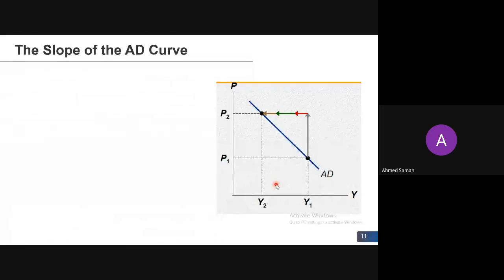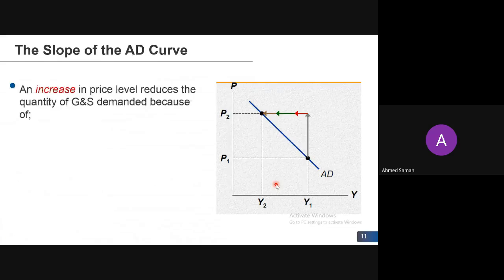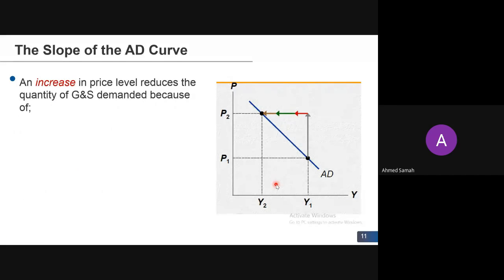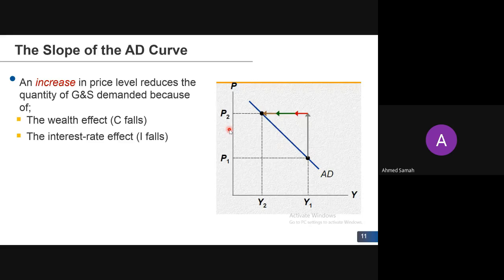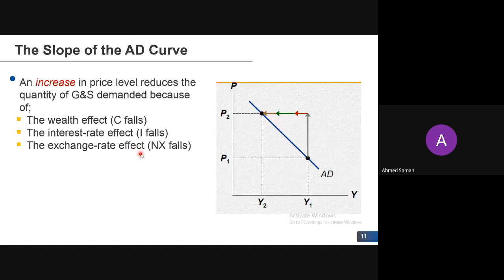So looking again at the slope of the aggregate demand curve, an increase in the price level reduces the quantity of goods and services demanded because of the wealth effect. Because when there is an increasing price level, consumption falls. Also, there is the interest rate effect, which leads investments to fall, and there is the exchange rate effect, which leads net exports to fall.